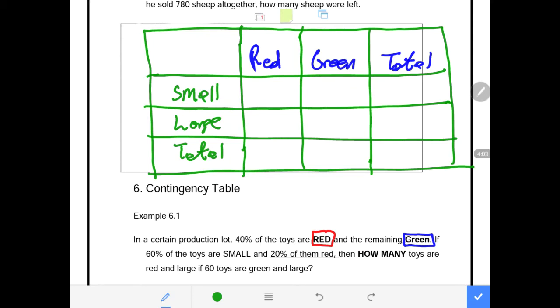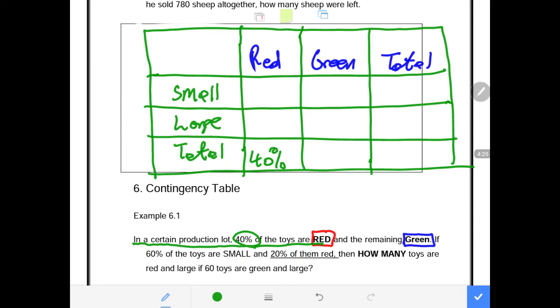Now let me analyze again from the beginning. It says in a certain production lot, 40% of the toys are red. Now we look at red, we say total of the toys, 40% of them are red.